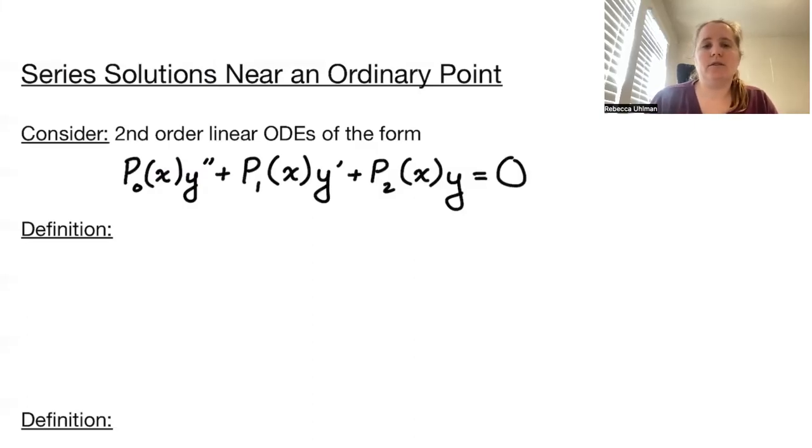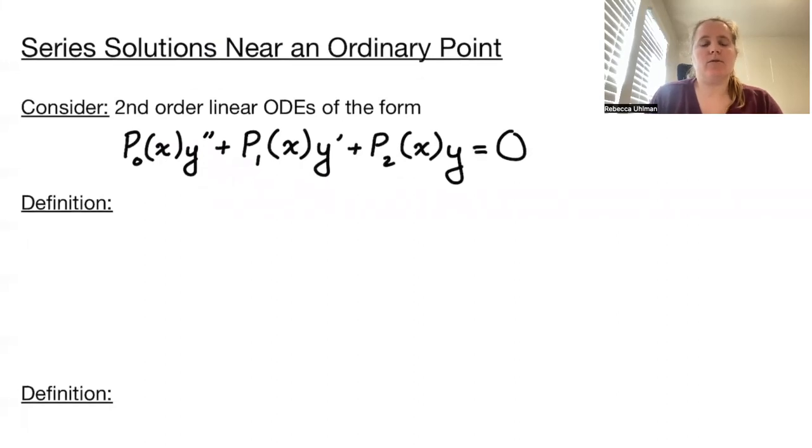Welcome to series solutions near an ordinary point. So let's consider second order linear ordinary differential equations of the form P0 of x times y double prime plus P1 of x times y prime plus P2 of x times y equals 0.